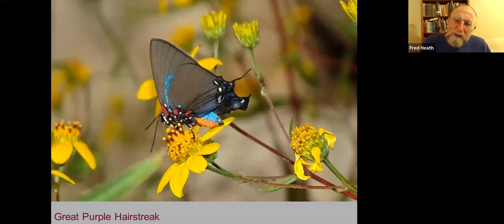And this one, beside doing that back to front mimicry, also has all those red spots and orange underneath and black and iridescent blue. So it probably is distasteful, and when its caterpillars eat the mistletoe, it probably gets some chemicals that don't taste good.